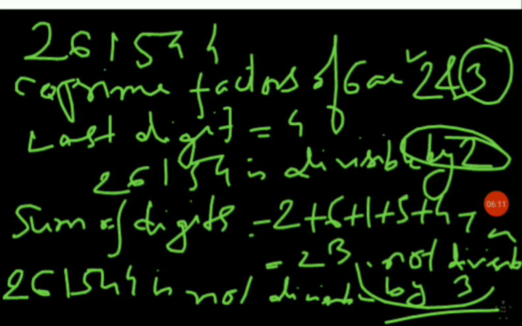If it is not divisible by either of these two, then it is not divisible by 6. So that is the concept of coprime factors. A number is divisible by a divisor when it is divisible by both the coprime factors of the divisor. So that's all.